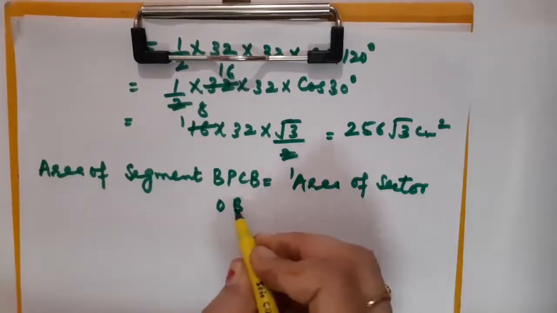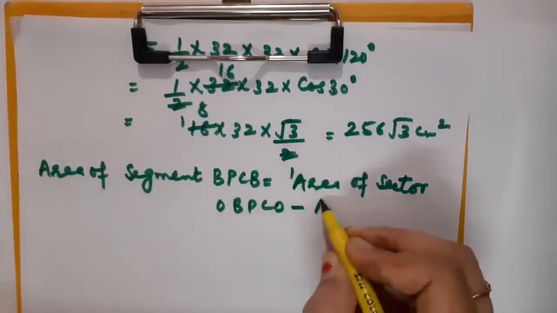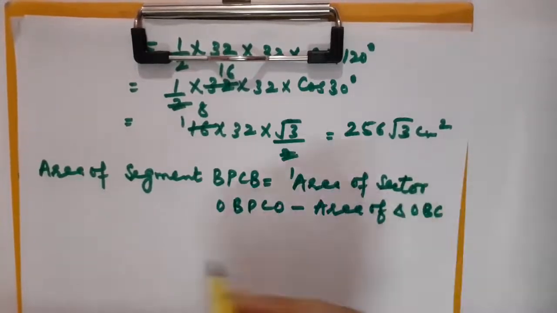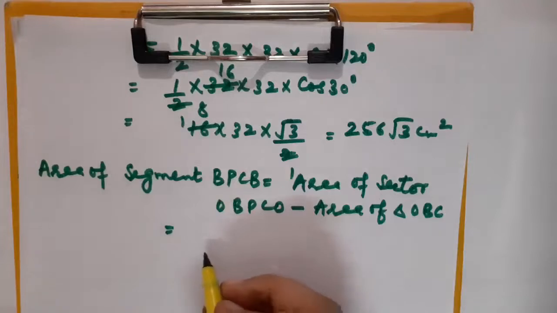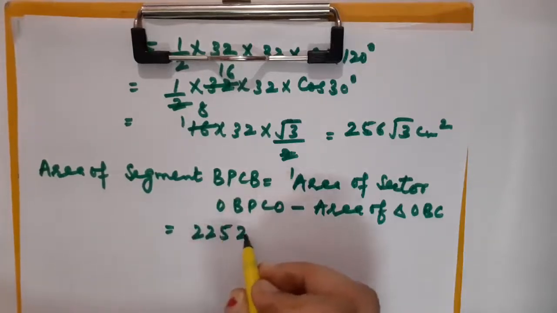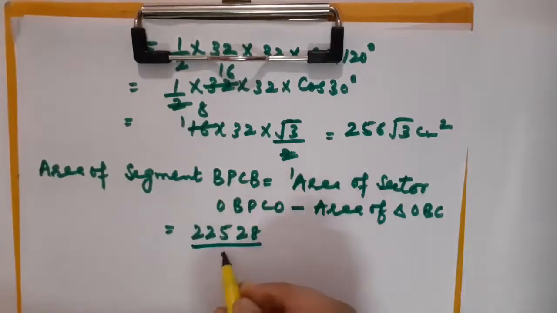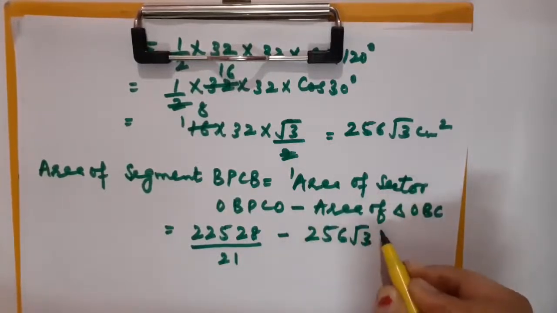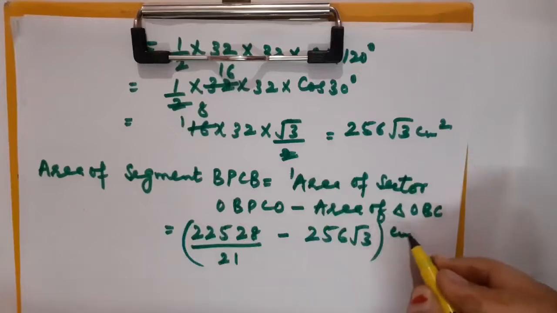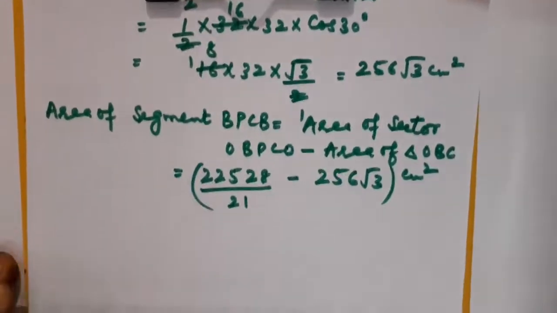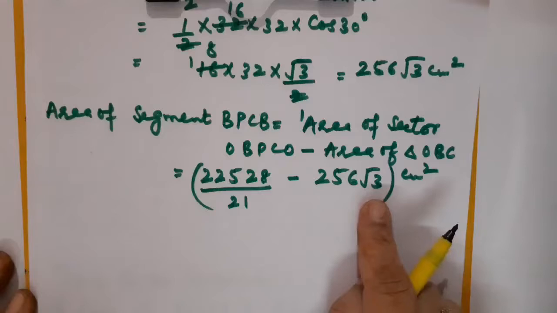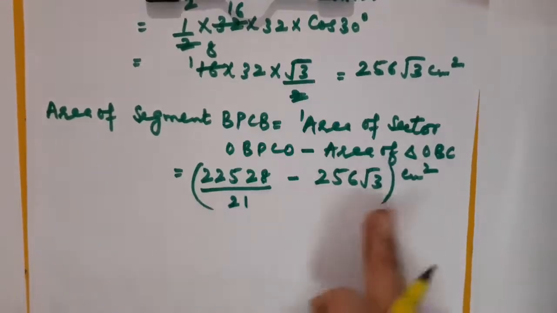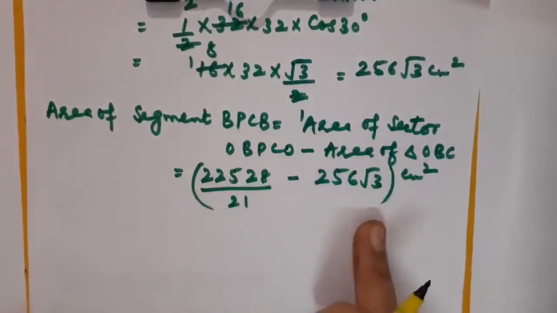That is OBPCO minus area of triangle. Triangle is OBC. Correct? So I have got 22,528 upon 21 minus 256 √3. And here it will be centimeter square. In this question, we have not been given the value of √3, so we are not supposed to put it over here. Okay. So children, this is the area of one segment.